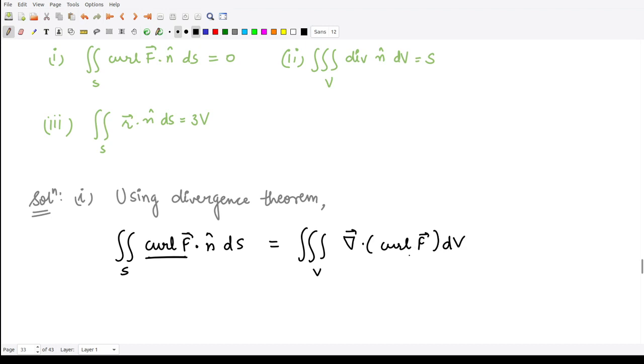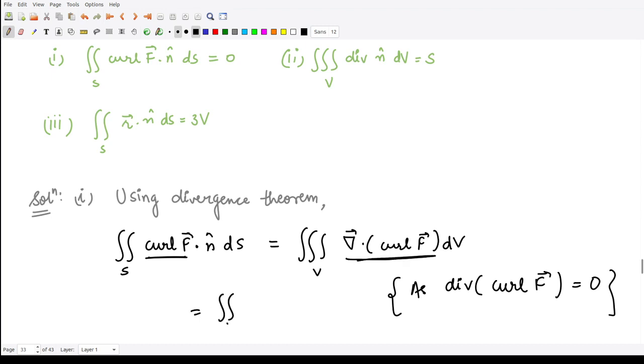And we know a property that the divergence of the curl of a vector point function is always equal to 0. Therefore, this volume integral would be calculated for the zero vector, for 0 dv. So this would obviously be 0. So this is our first part.